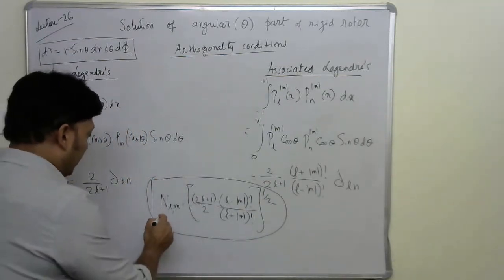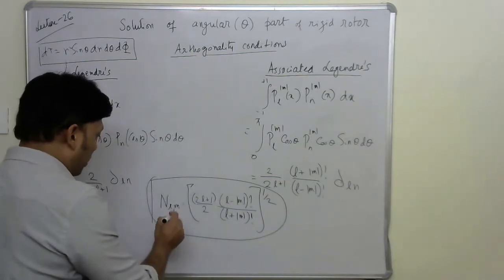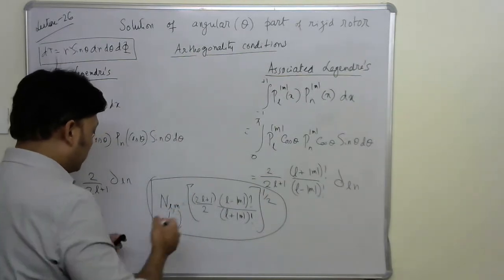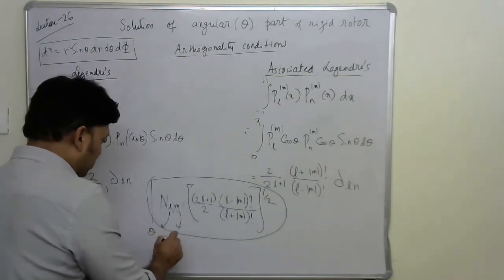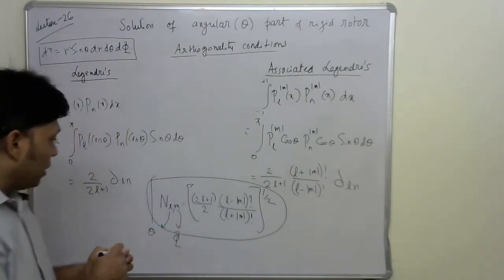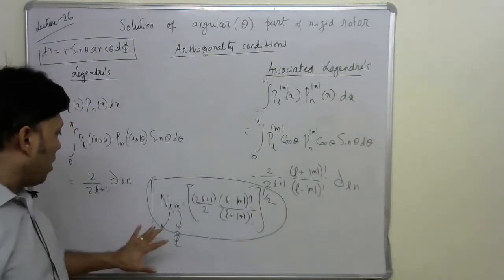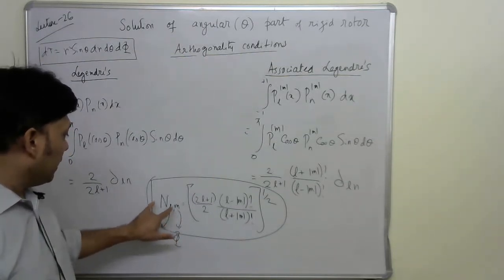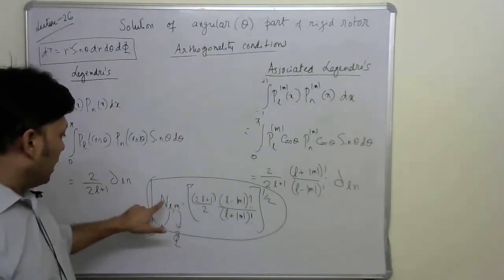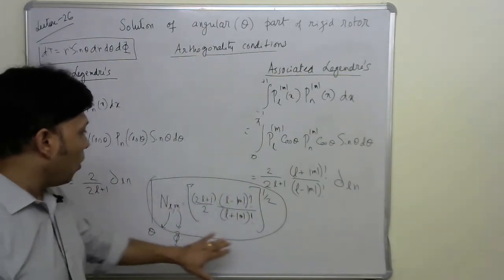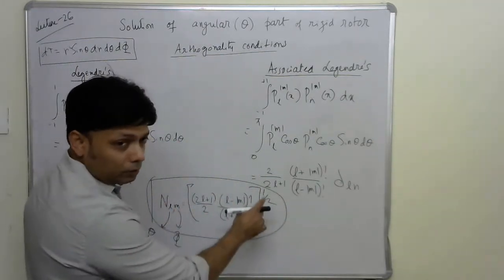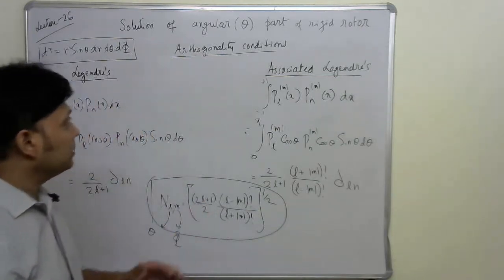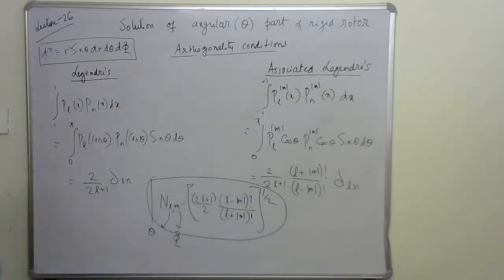So here L stands for one quantum number and M stands for the other quantum number. So L is associated with theta and M is associated with the angle phi. So the quantum numbers corresponding to the theta phi part, L m, so NLM is equal to this whole expression, and this expression is under the root. Okay, so this is the generalized normalization constant.